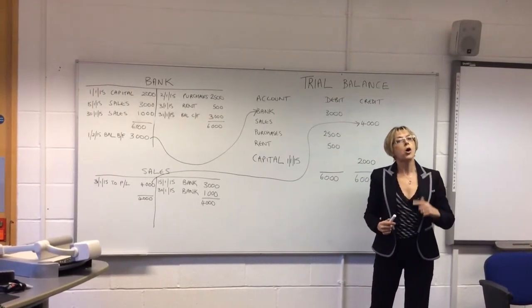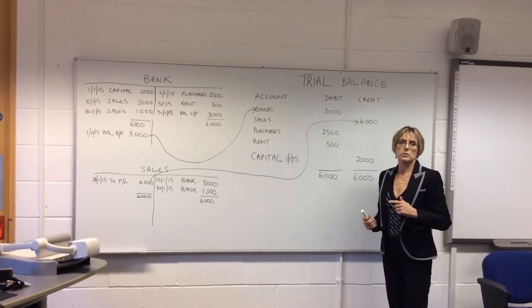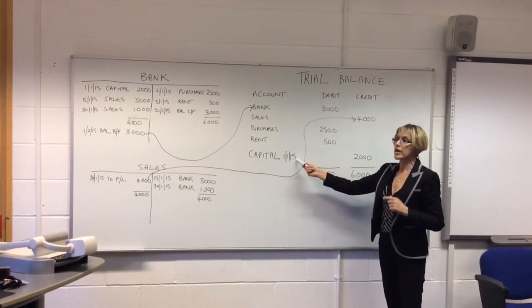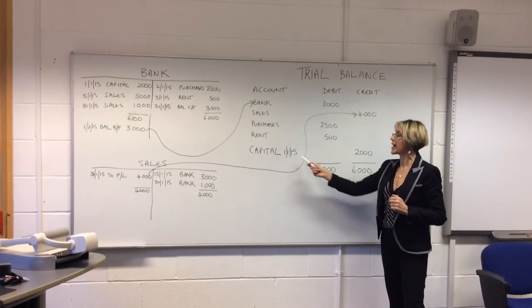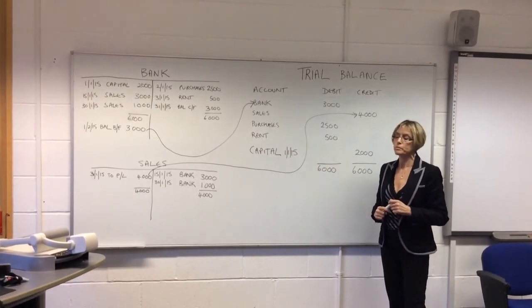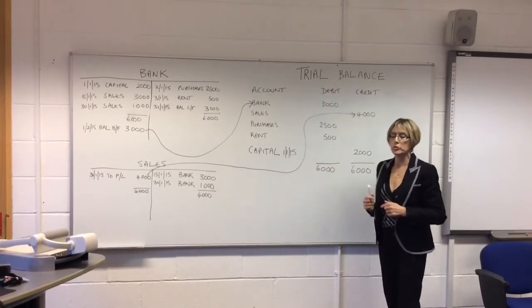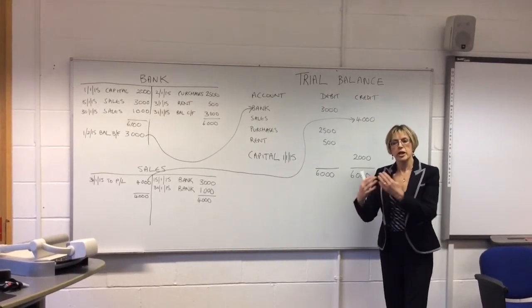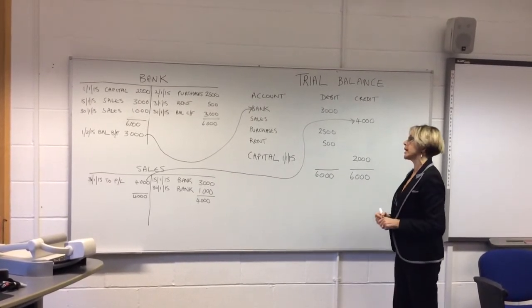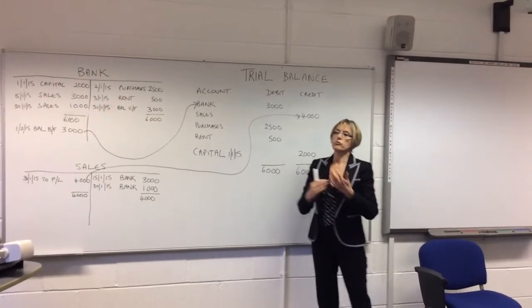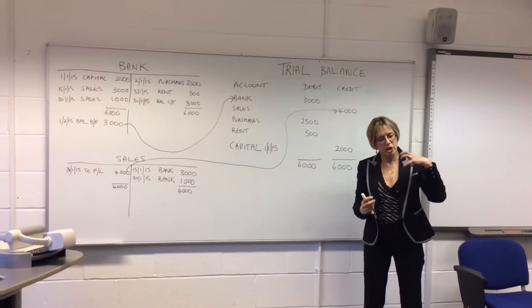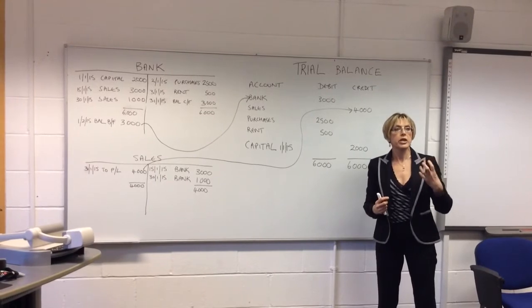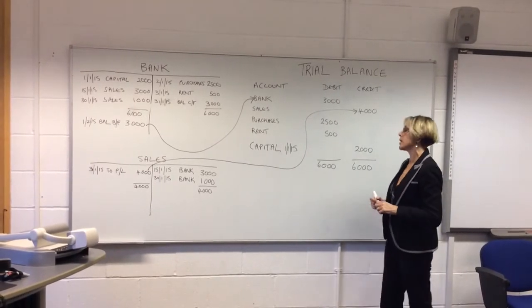But we do that after the trial balance. So the trial balance has our opening capital figure at the start of the month. And when we've worked out the profit, we can then take that profit and credit it to the capital account. So that has to be done, that crediting the profit to the capital account is the last thing you do at the end of the month after we've done a trial balance.